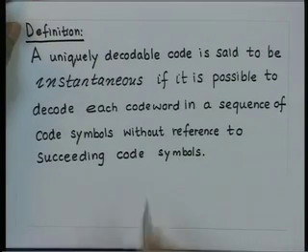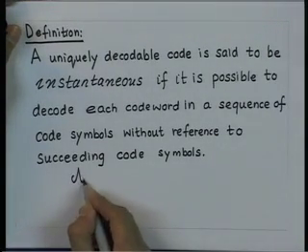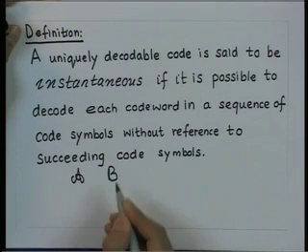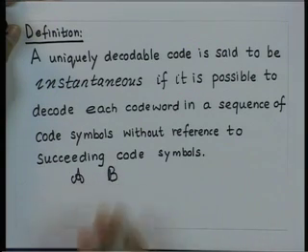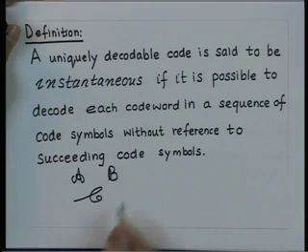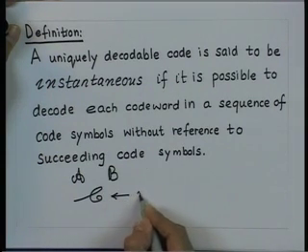So in the light of this definition, codes A and B both are instantaneous, whereas code C is not instantaneous.